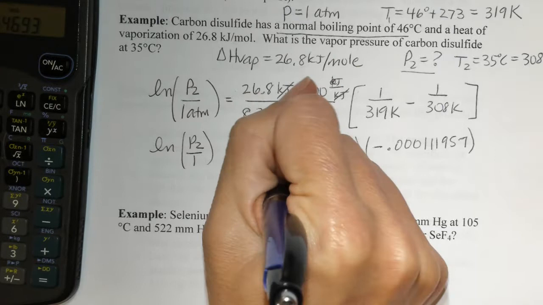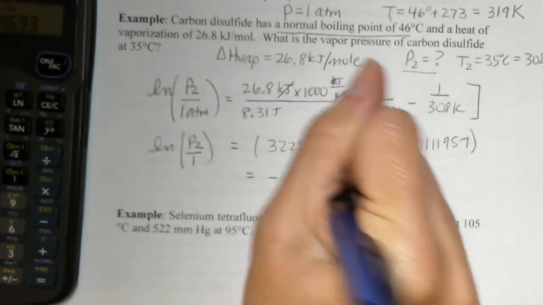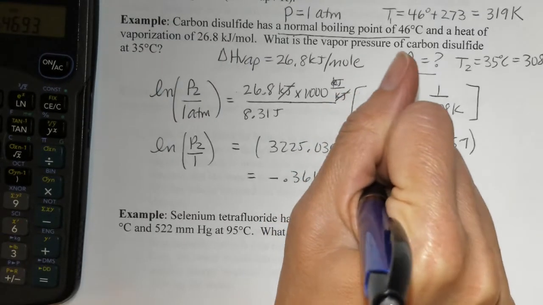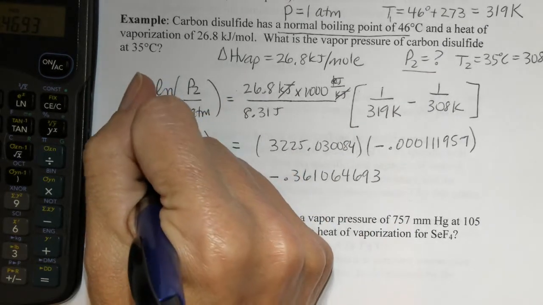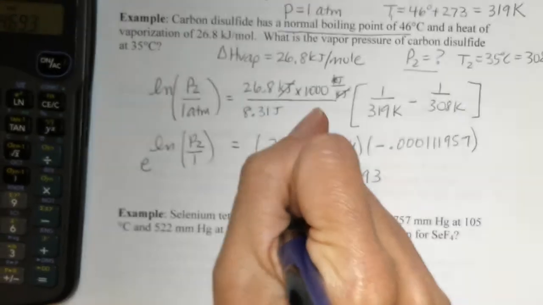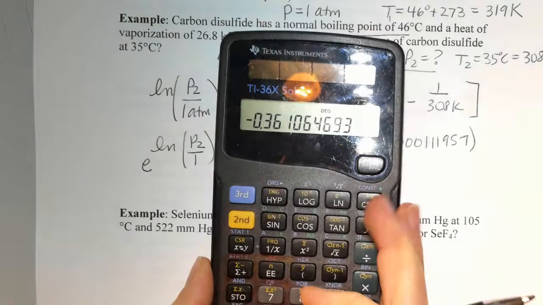This is equal to negative 0.361064693. And if I want to get rid of the natural log, e is the inverse of natural log. Your calculator always reminds you of that. So on my calculator, let's see if it'll focus. I have natural log. Let me see if I can focus in here really quick.